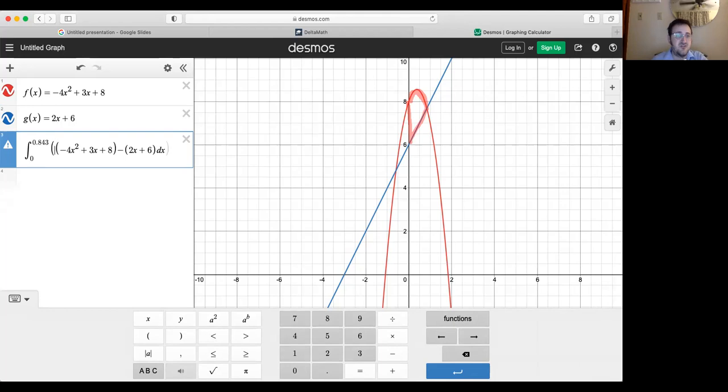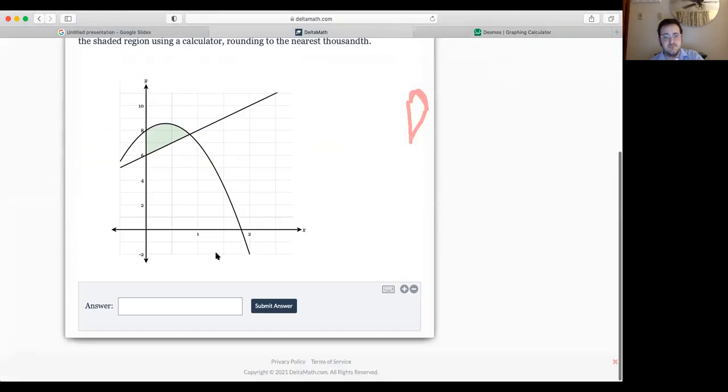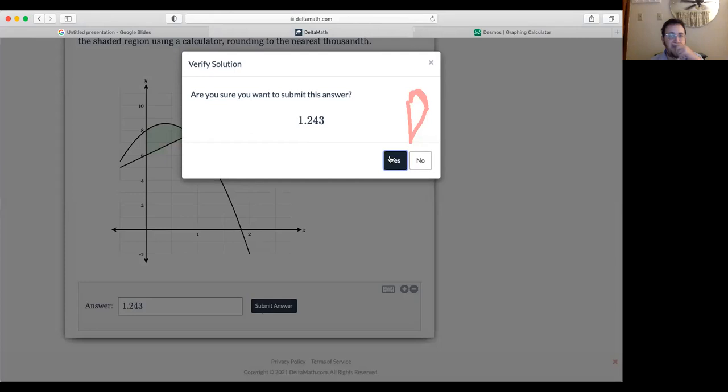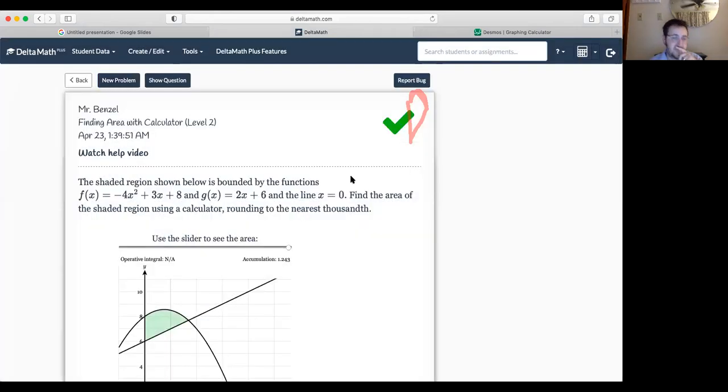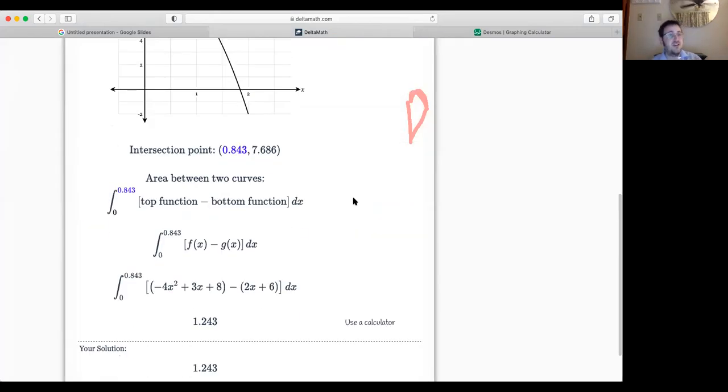And just be sure that you put parentheses around what you are subtracting. And we get 1.243. And we're good.